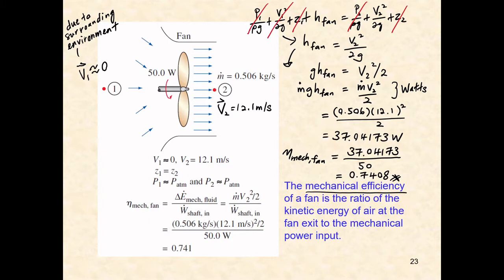In the simplest way to find out, we can use the mechanical energy equation. So we write back the equation for P1 over rho g plus V1 squared over 2g.